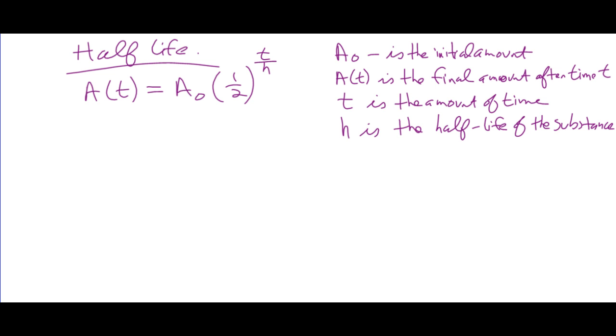These two guys here, okay, they need to be in the same units. So both in years, both in months, both in days, both in minutes, both in hours, whatever. If they're not in the same units, then you need to convert them to the same units, right?